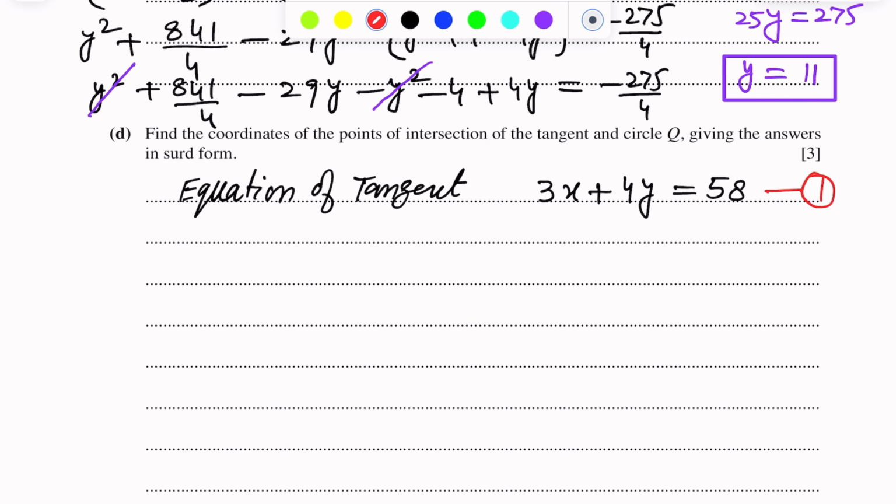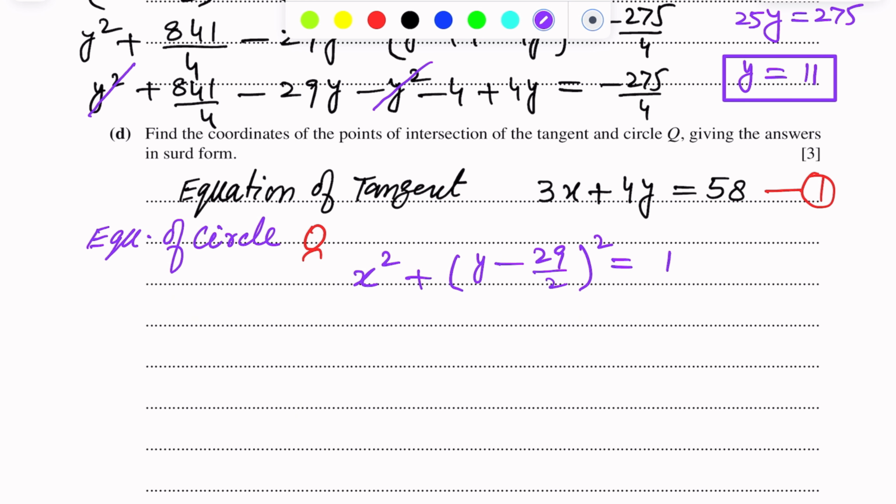Now the equation of circle Q is x square plus y minus 29 over 2 square is equal to 125 over 4.